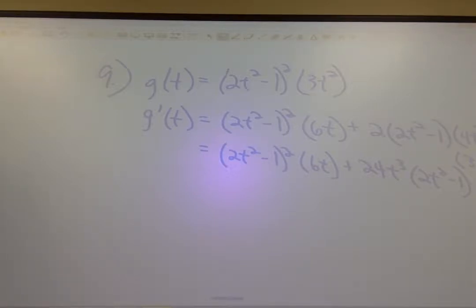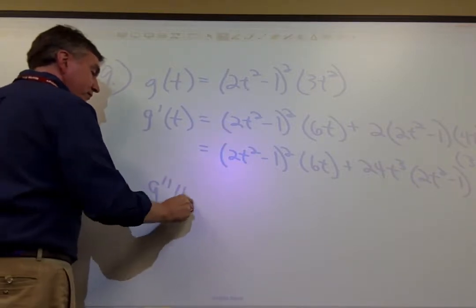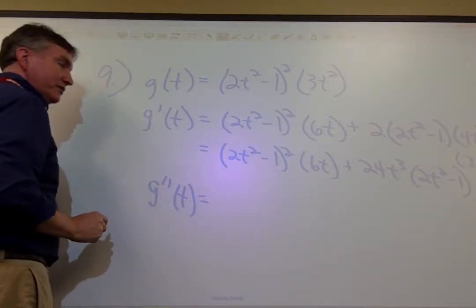Would it be smarter to try to factor that before I take the derivative again, or just do it for two product rules? That's the big question, probably. I would probably just go straight to doing the product rule twice again.